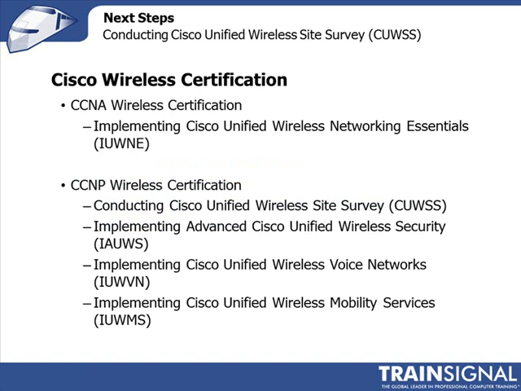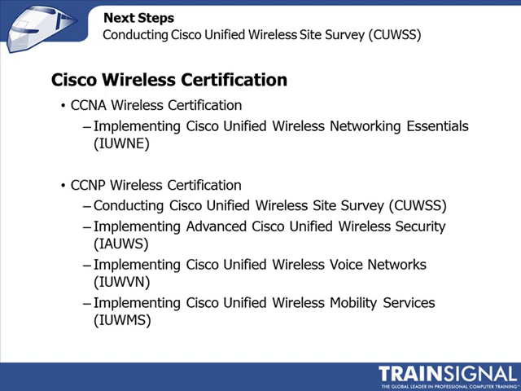So the CCNA wireless certification is really focused on those folks that are actually using the Cisco equipment in their wireless network. So it's focused on developing skills of configuration, implementation, and then the subsequent support of your wireless LANs.